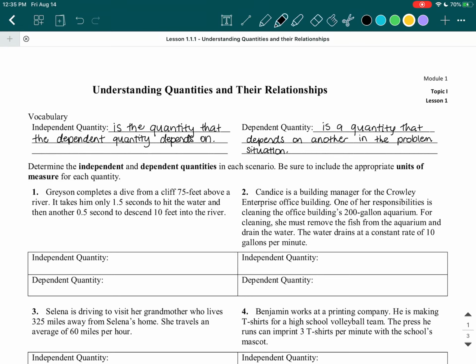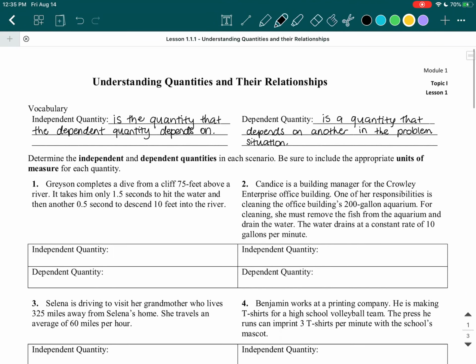So when we give you a problem situation, there's going to be an independent quantity that's independent, and then you have the dependent quantity, which relies on the independent quantity. So you're going to see that when we get onto these two examples below.